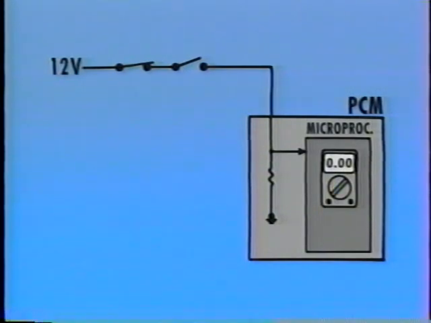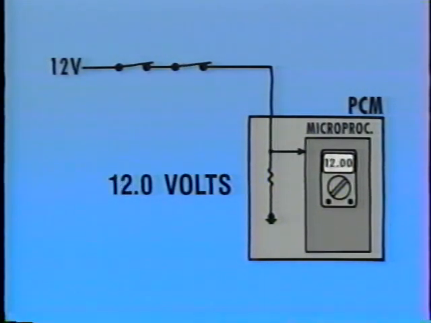With either switch open, no voltage reaches the input, and the PCM sees low volts, or digital state 0. With both switches closed, the full supply voltage is dropped across the internal resistor. Now the PCM sees high volts, or digital state 1. This is how it knows when the climate control system is asking for AC compressor operation.